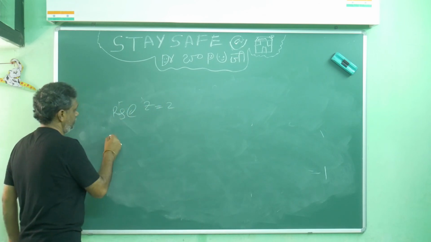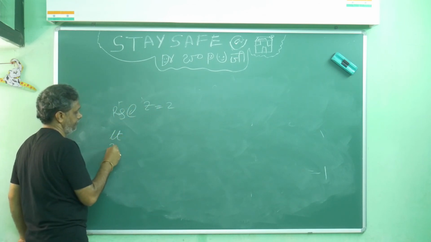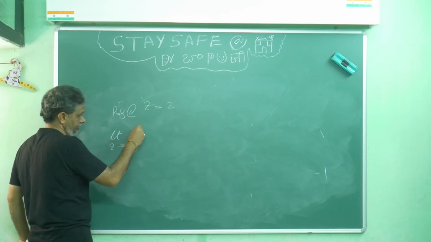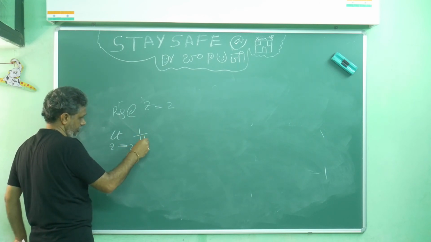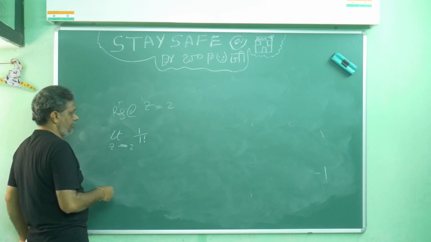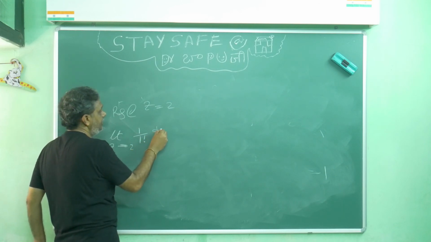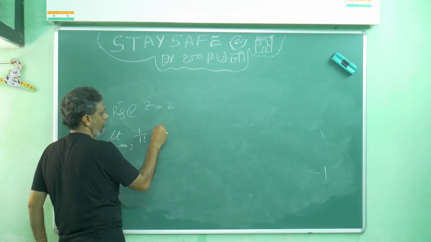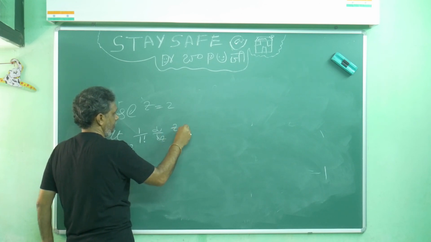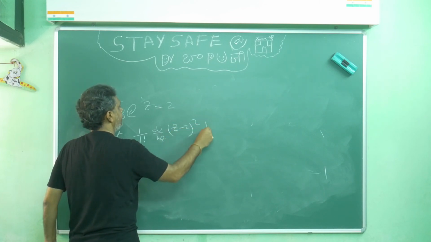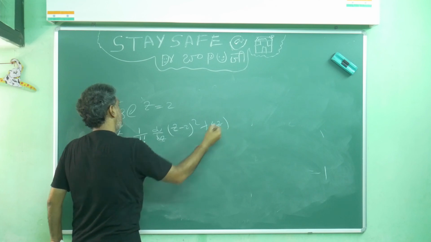So how will I write? Limit z tends to 2, 1 by 1 factorial, 1 also you can write, don't forget. Then d by dz one time, then you can write z minus 2 whole square times f of z. Who is my f of z?